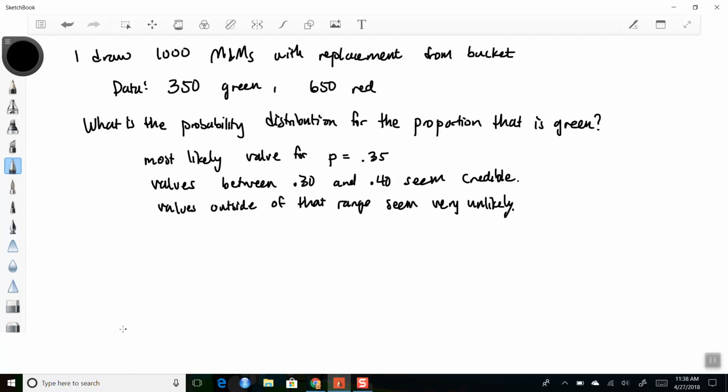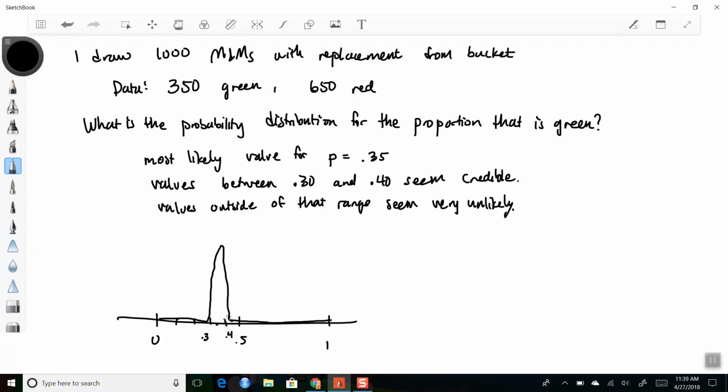And so what would our resulting distribution here look like? If we go from 0 to 1, and halfway is 0.5, and 10, 20, 30, 40, something like this. And so here's 35%, this being 0.3 and this being 0.4. Our resulting distribution would probably look something like this, okay?